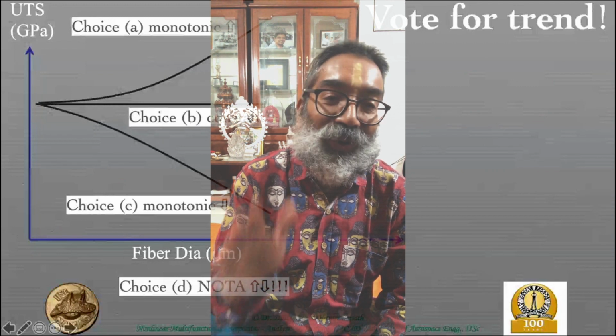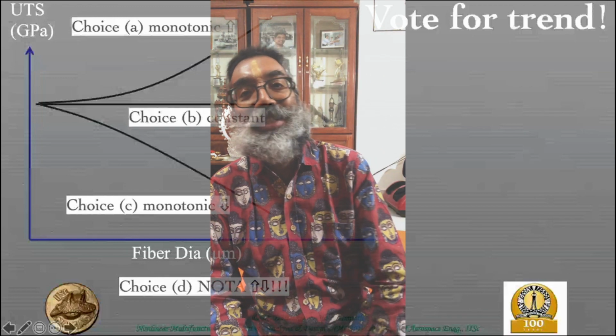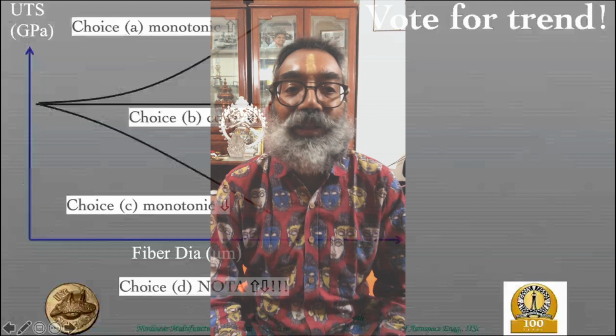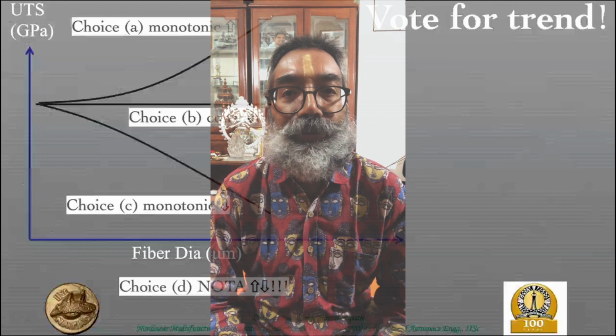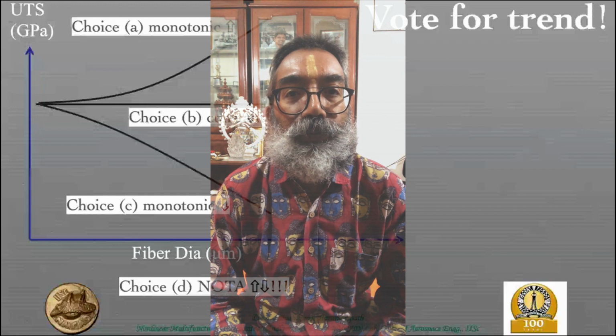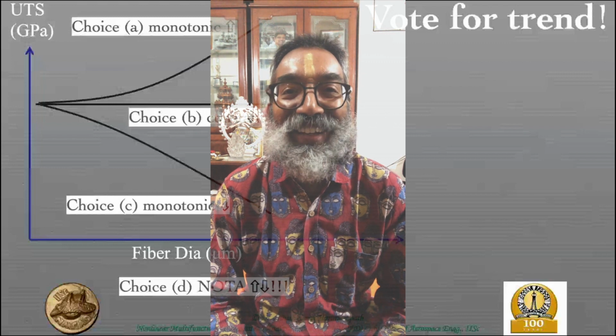Okay, so you just hold on. That means you meant to answer C, but you answered D, A by mistake. Okay. Anybody else who answered A, can you explain why you answered A? Sir, I'm Ranjit George. I had also answered A, but I also thought that fiber diameter is decreasing as it goes on the x-axis. Okay.